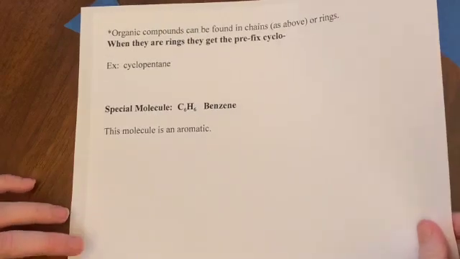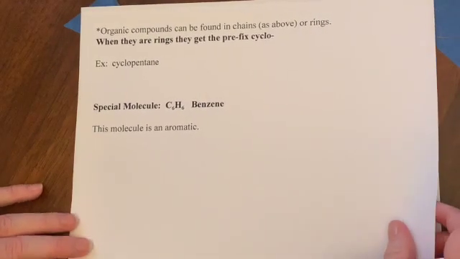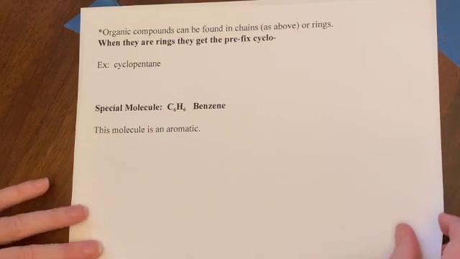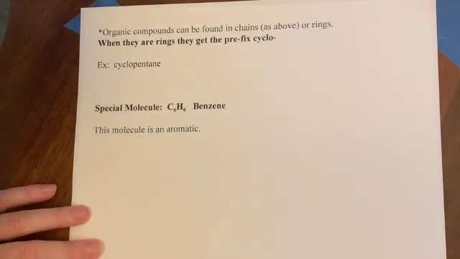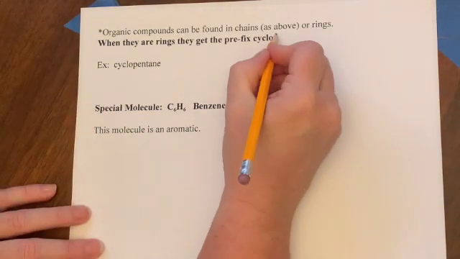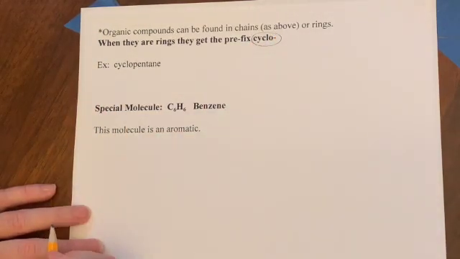Organic compounds can be found as chains, as we saw above, or as rings. And we know we're dealing with a ring when we see the prefix cyclo.